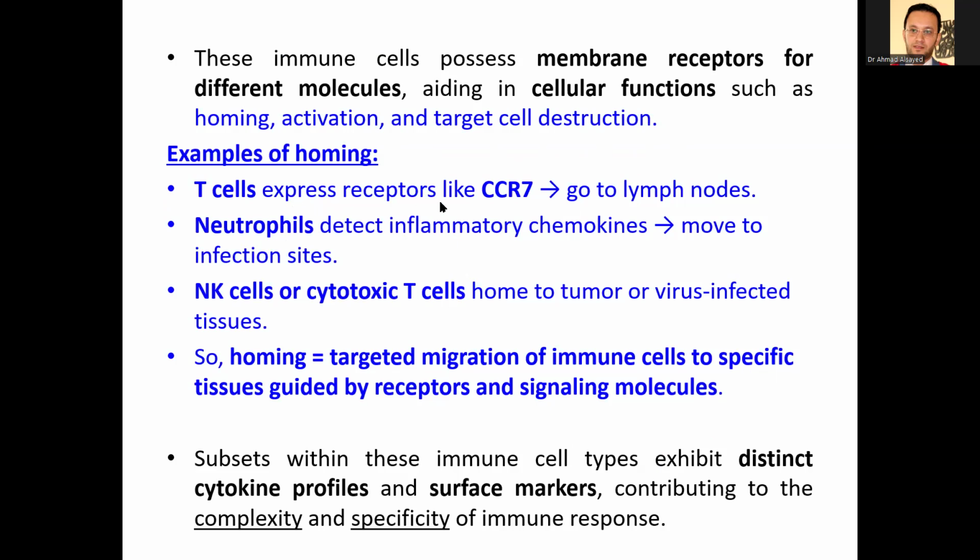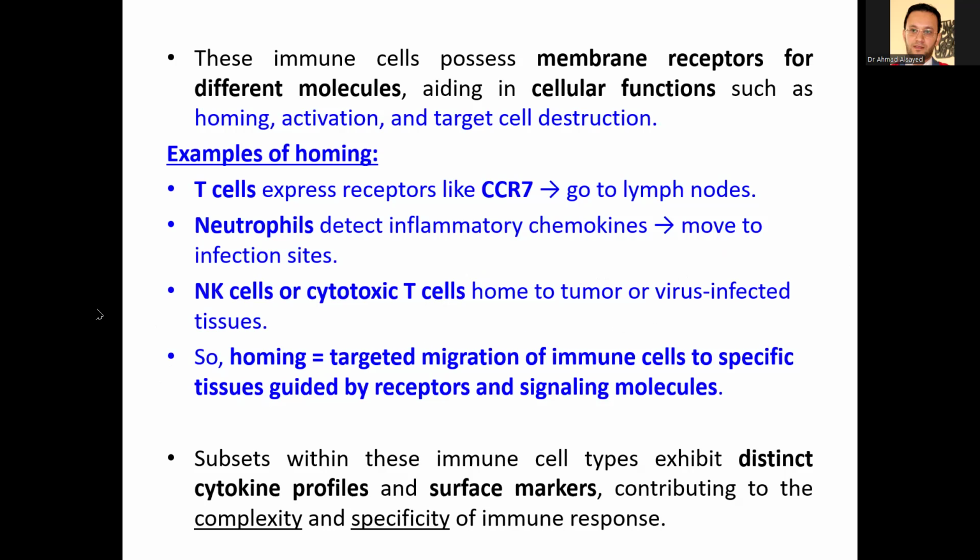After secretion of this molecule, it will go to the lymph nodes. So it's like a direction, okay, or a map. Neutrophils detect inflammatory chemokines, and this will lead them to move to the infection site.